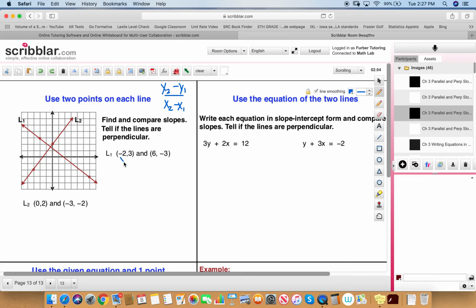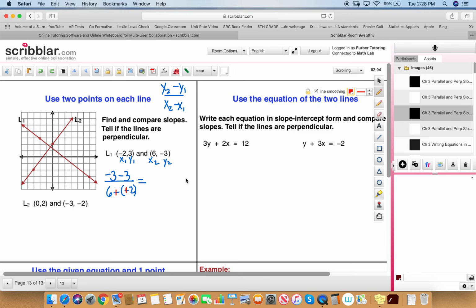These are both having a negative in there somewhere, so it really doesn't matter which one I select as x1, y1. On this one, y2 minus y1 is going to give me negative 3 minus 3. x2 minus x1 is 6 minus negative 2. So right there, I'm going to have a sign change.